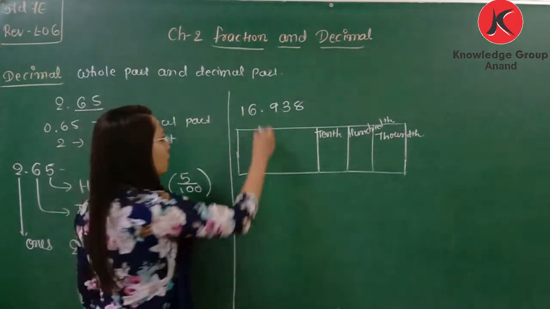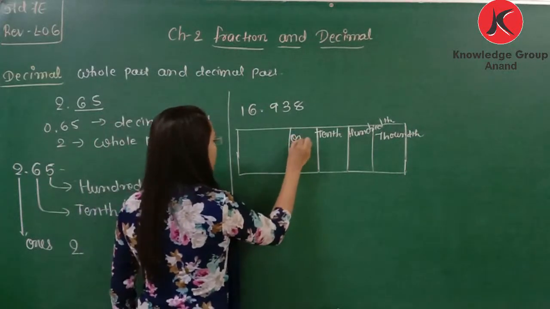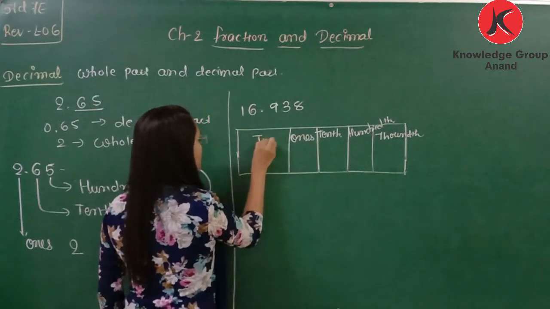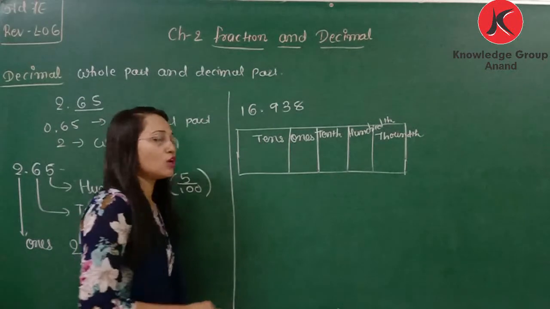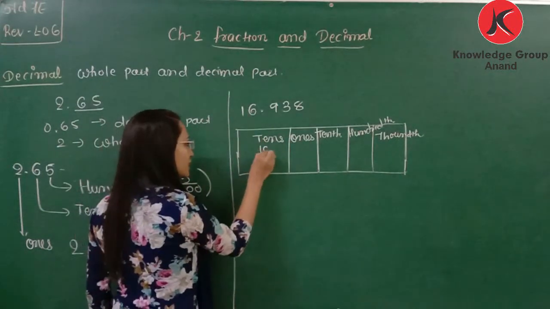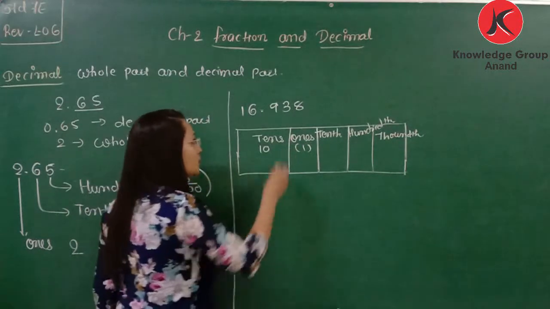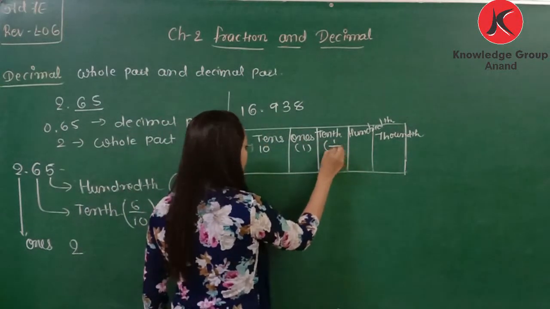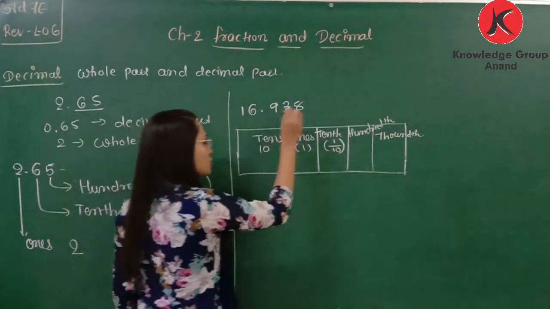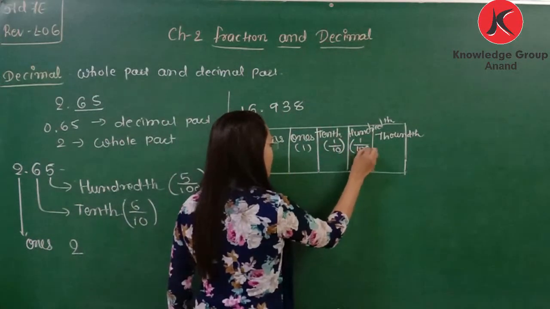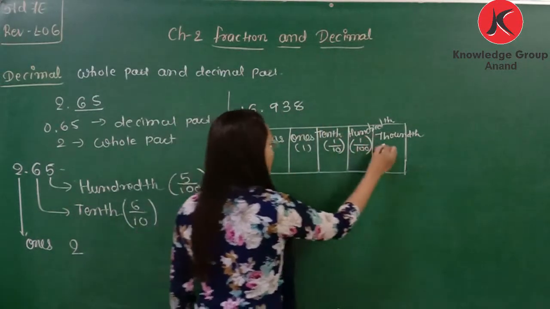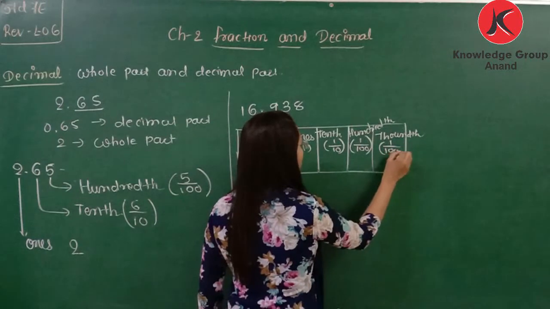Now 6 is at the 1st place and 1 at the 10th place. So the place value of 1 is multiplied by 10, of 6 is multiplied with 1, of 9 is multiplied by 1 by 10, of 3 is multiplied by 1 by 100 and of 8 is multiplied by 1 by 1000.